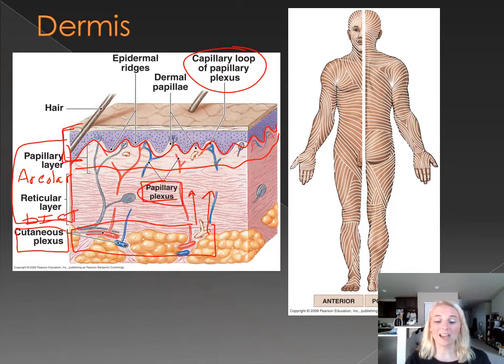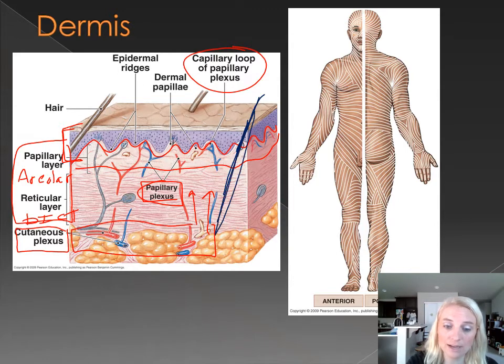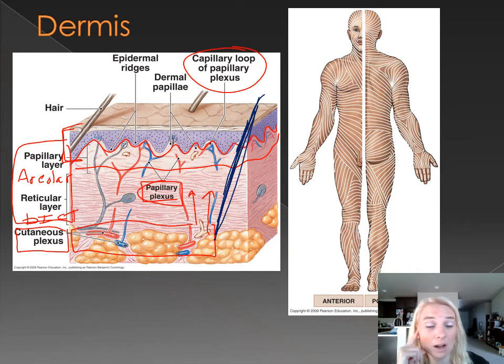So if you get cut, right? Let's say you have an owie, right? There's this dark blue line. If your cut makes you bleed, you have at least cut through the epidermis into that papillary plexus, if it's not a very deep cut. If it's a very deep cut and you're bleeding quite a bit, you've probably cut all the way down to your cutaneous plexus.